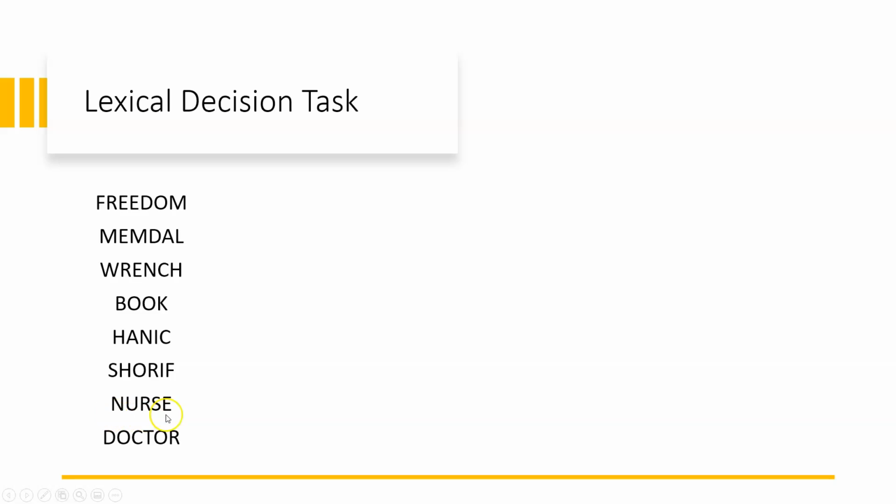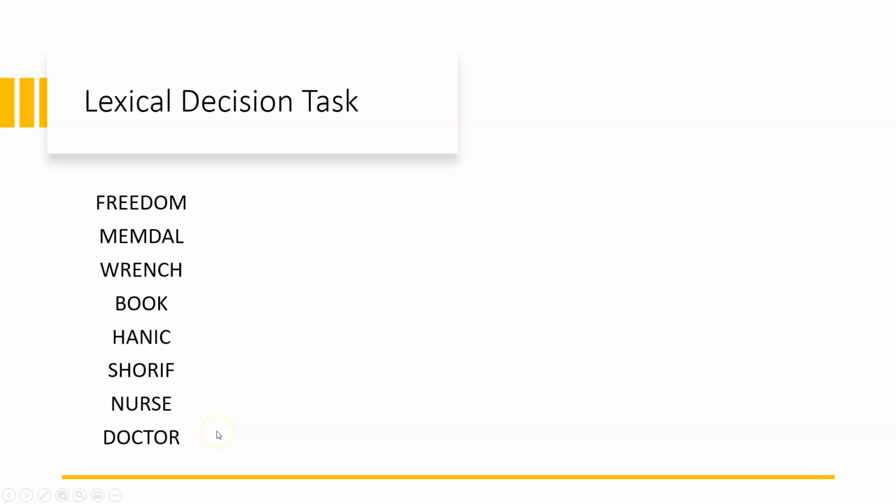So if we show the word nurse to a participant, and then the very next word that pops up on the screen is doctor, we would expect, according to our semantic priming theory, that the word doctor would be more quickly recognized as a real word, and the participant would push that button faster to say this is a real word than if the word right before doctor had been like book, something that was not related to doctor. And in fact, that's what we find. If you show nurse right here, then doctor is very quickly recognized as a word.